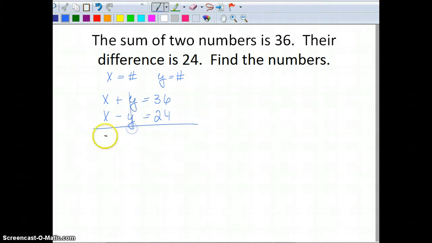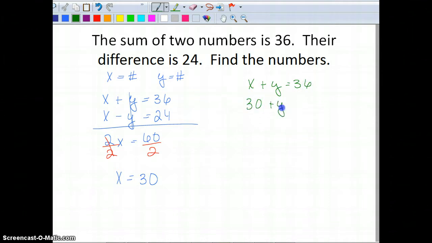So those eliminate. So now I have 2x is equal to 60. Divide both sides by 2. So I know that x is equal to 30. Well, now if I know that x is equal to 30, I can find y, because x plus y is equal to 36.